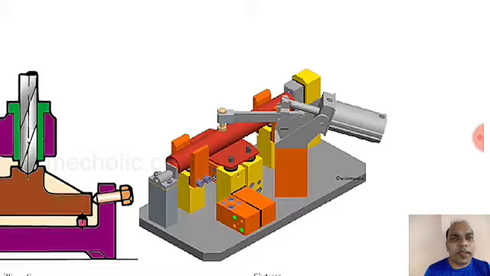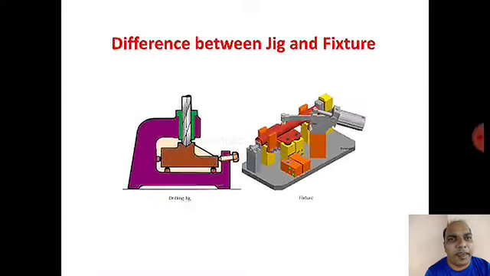Now you can see the difference very clearly: location of the workpiece is achieved in both, that is in the jig and in the fixture. Location of the component is also achieved, but the major difference is that for guiding of the tool, either drilling or milling, the fixture does not provide any supportive system.